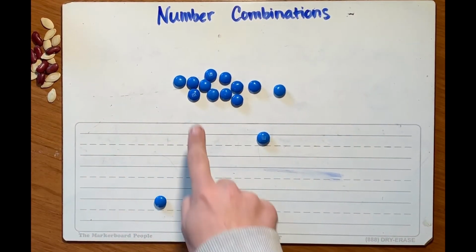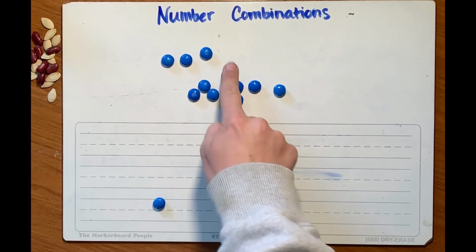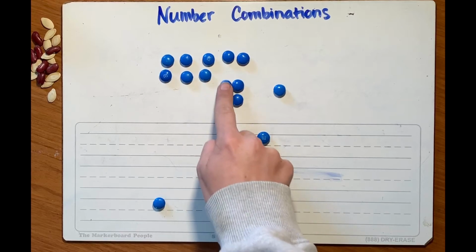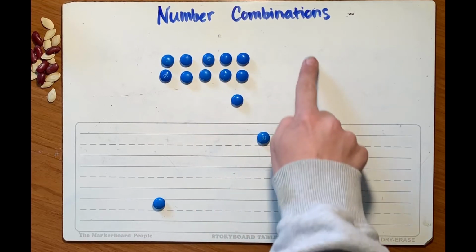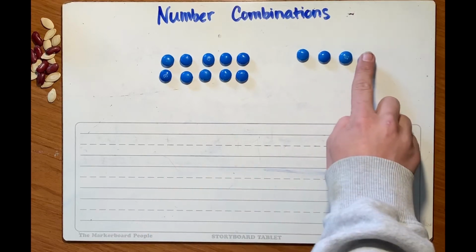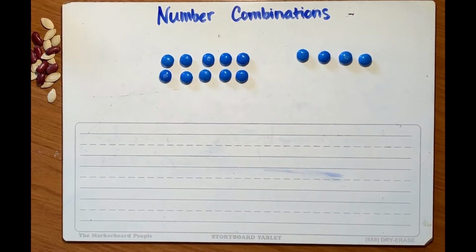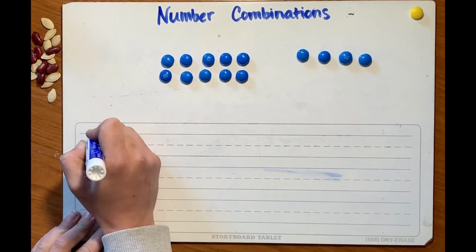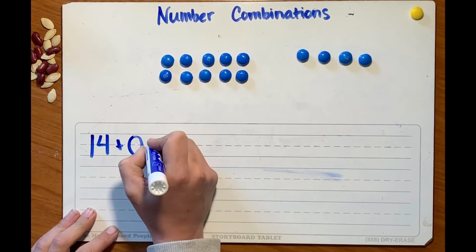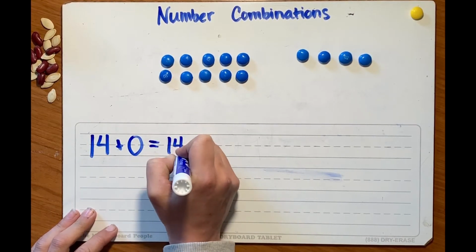So if we arrange them to look more like a tens frame, 3, 4, 5, 6, 7, 8, 9, 10. 1, 2, 3, 4. We can see that we have 14 of one color and none of the yellow ones. So our equation would be 14 plus 0 equals 14.